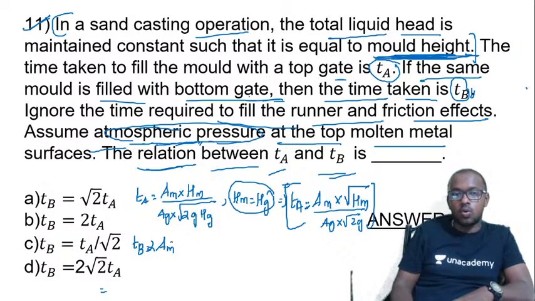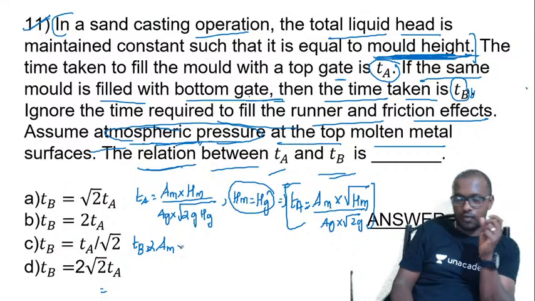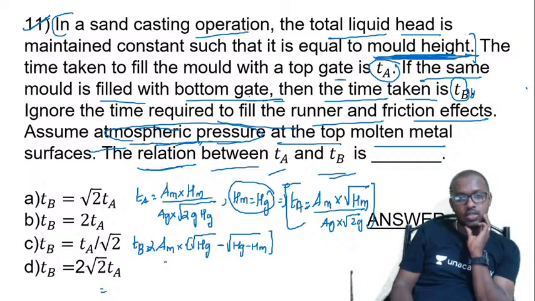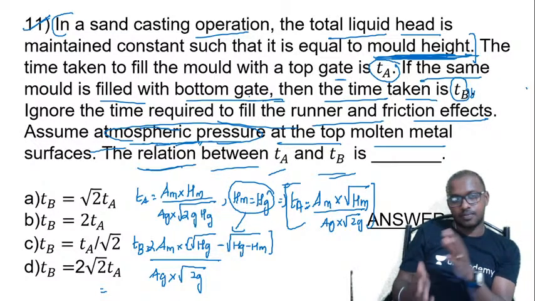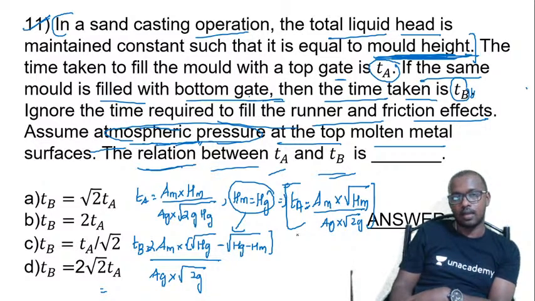You know this formula, no? 2 times of AM into root over h of g minus root over h of g minus h of m, divided by a of g into root over 2g. Again, this should play a role here because the height of the cavity is equal to that liquid metal, the mold height. You can write this and make it 0.